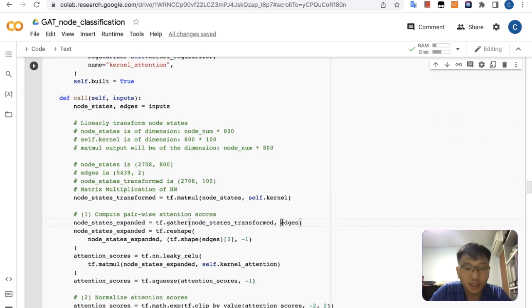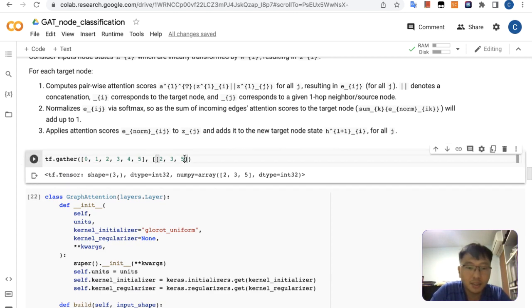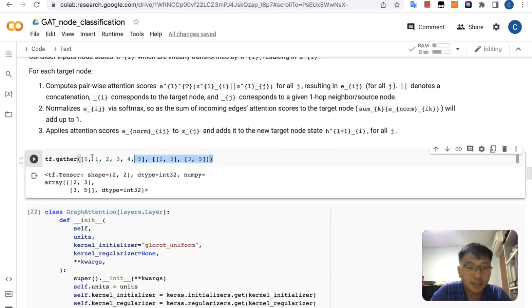So this edges is actually of this size 5429 by 2. Hence when we pass this in over here, it is something like 2, 3, 3, 5, and so on. So when we do this, it basically takes the relevant indices from this earlier part, and then it just concatenates them together.